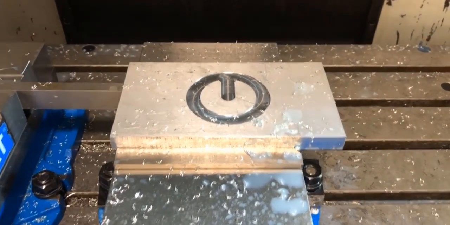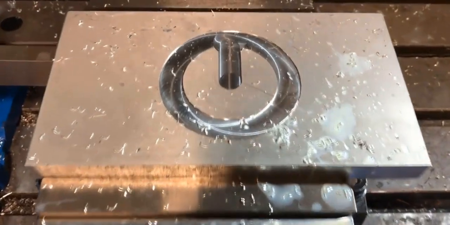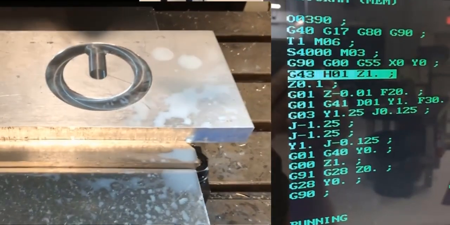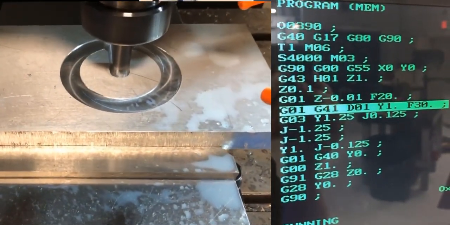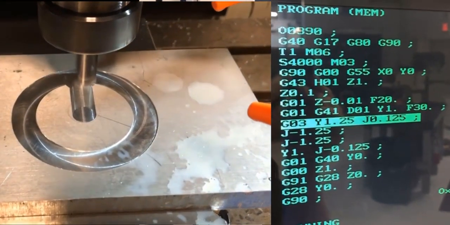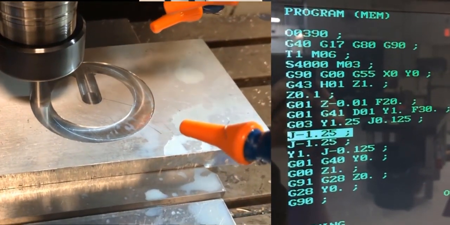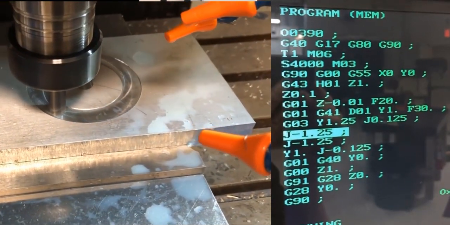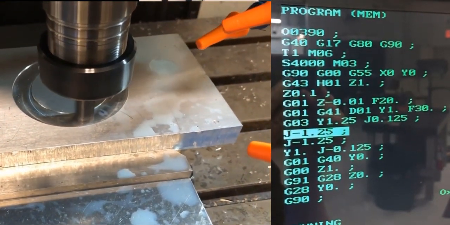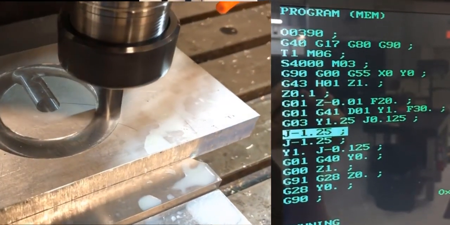If we actually double up on that J minus 1.250, it will actually do 2 complete circles. So let's take a look at that. Alright, so it starts out just like the previous cycle. We come in with a straight line move, we arc in. We come all the way around, and notice in the program we're sitting at J minus 1.250. So on that line, the machine knows to go all the way around.